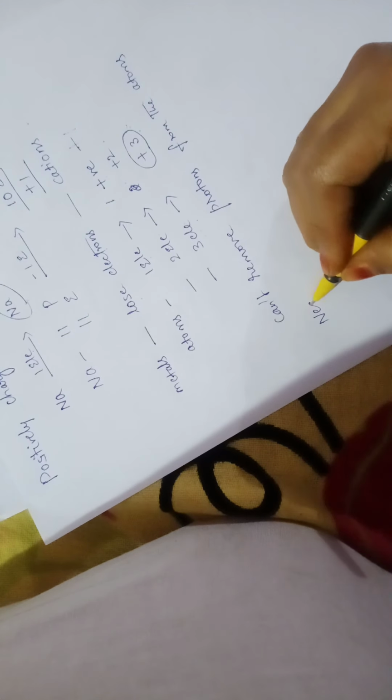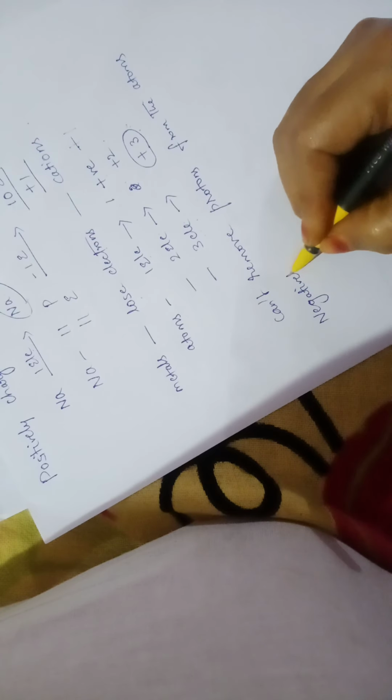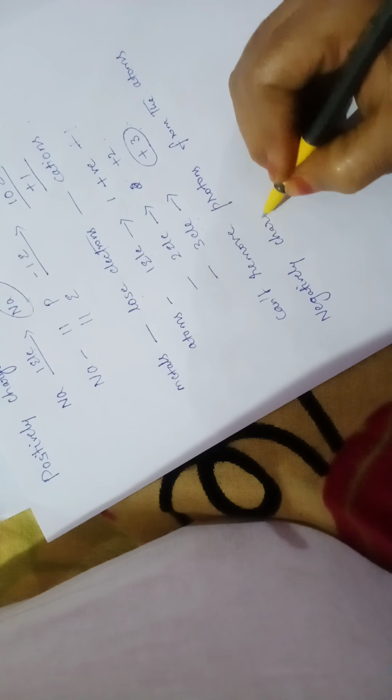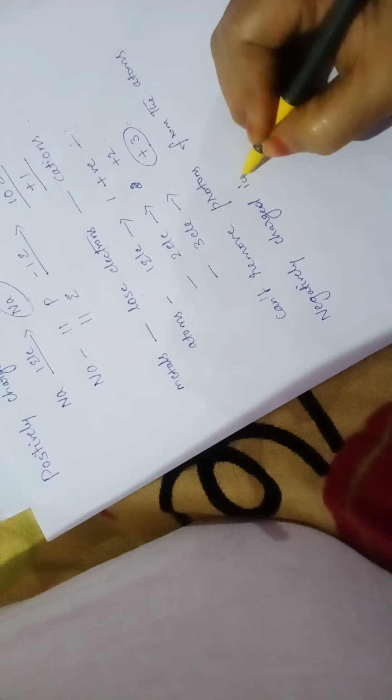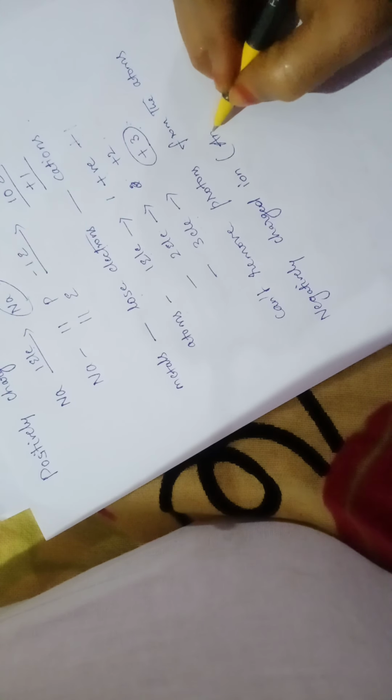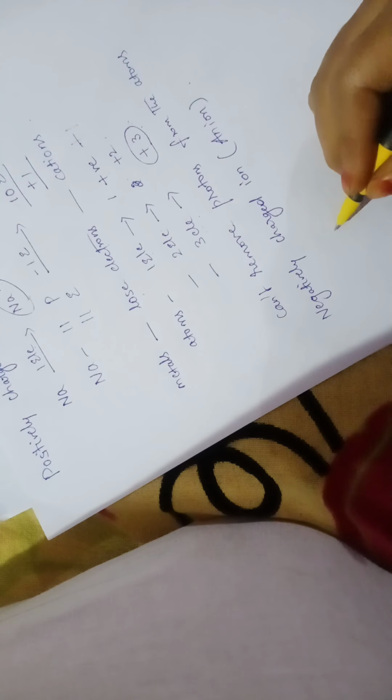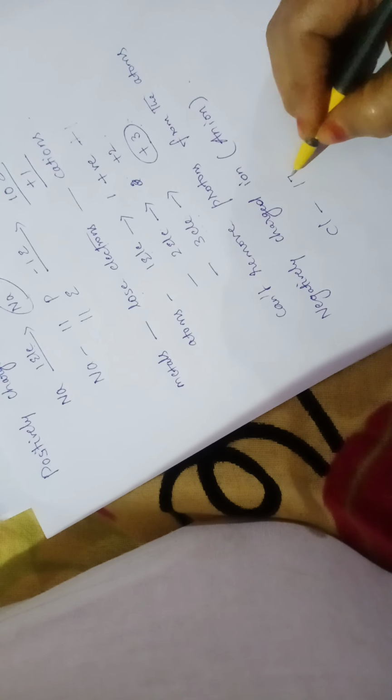Then the second one is the negatively charged ion, another name is anion. Here, for example, chlorine has 17 protons and 17 electrons.